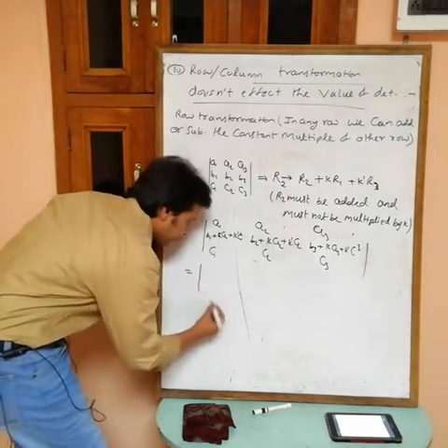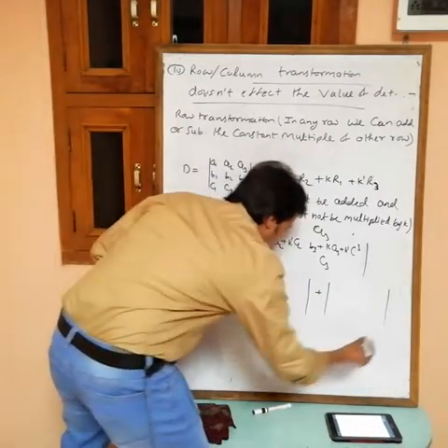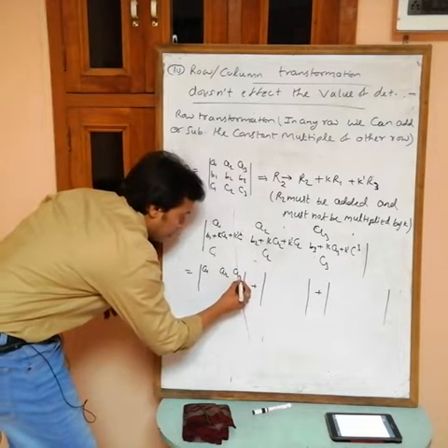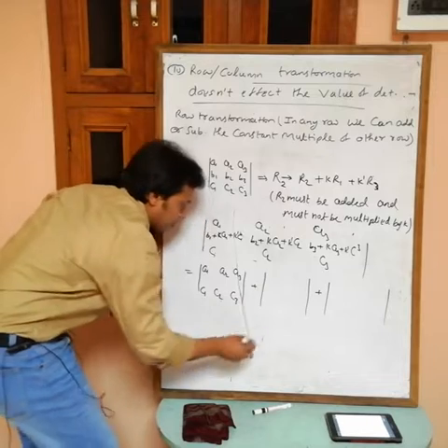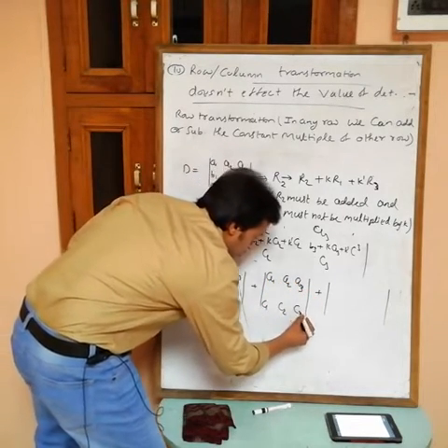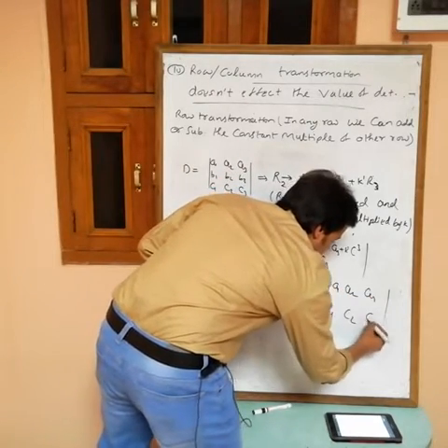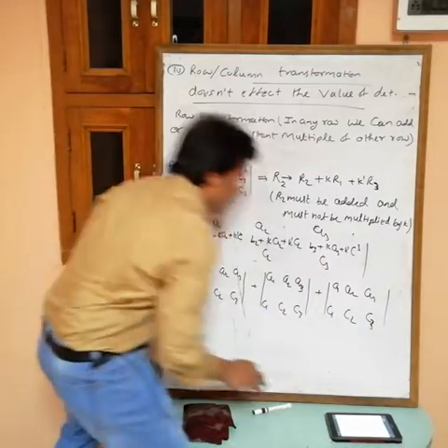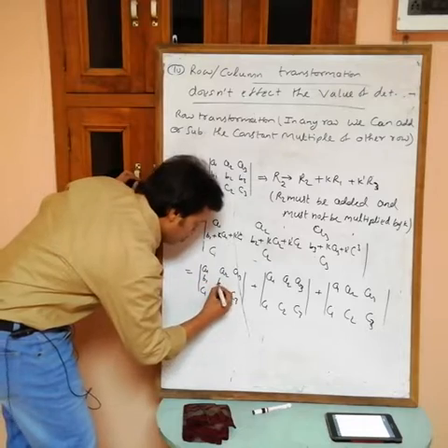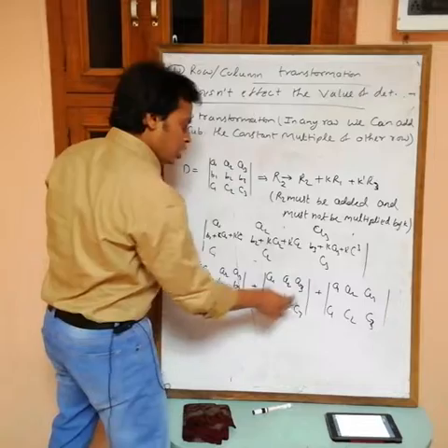So see, these remain the same, A1 A2 A3, C1 C2 C3 in all. Now in R2, in the first determinant I am taking B1 B2 B3, and in the second one I am taking KA1 KA2 KA3.